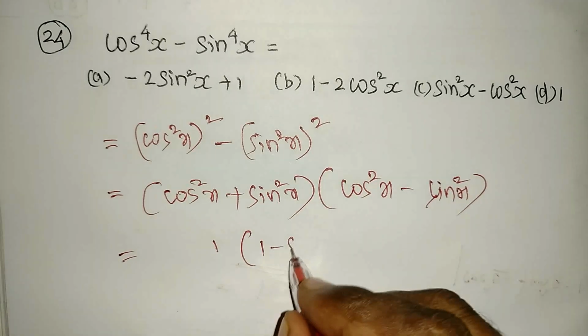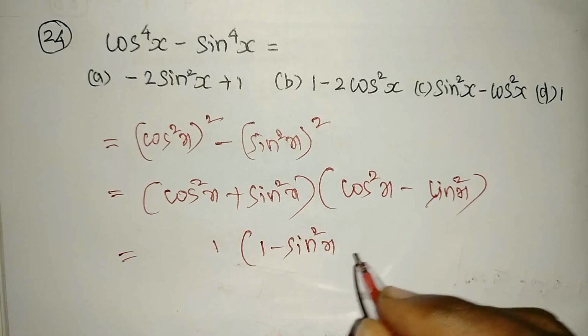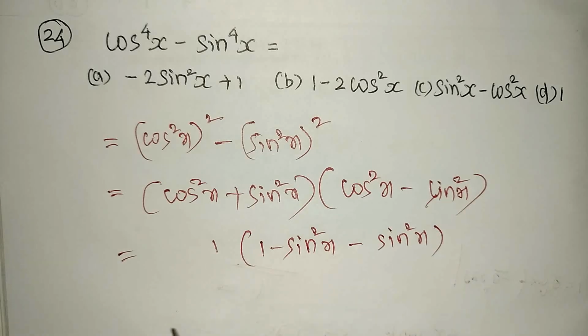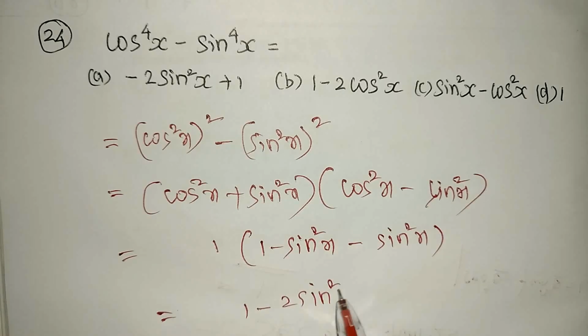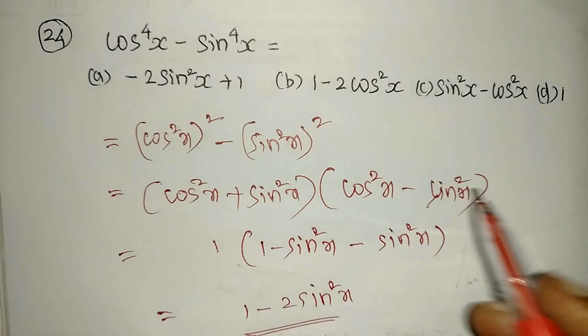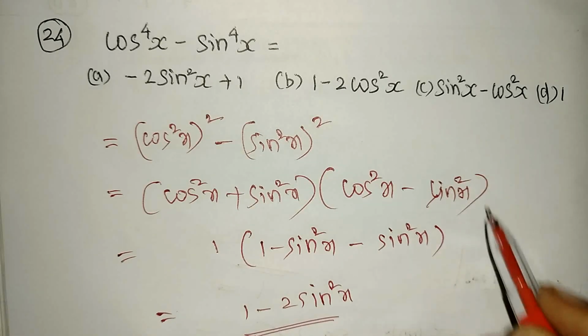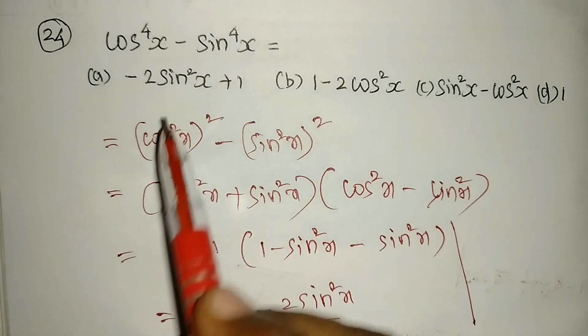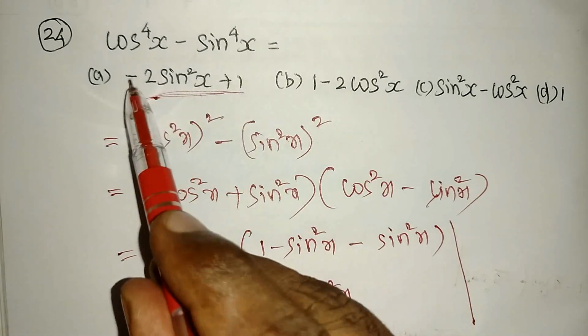Cos square we can write as 1 minus sin square x, minus we have here sin square x. So 1 minus sin square x minus sin square x, that is 1 minus 2 sin square x. Check this. If it's not there, you can change sin square in the form of cos. See, 1 minus 2 sin square.